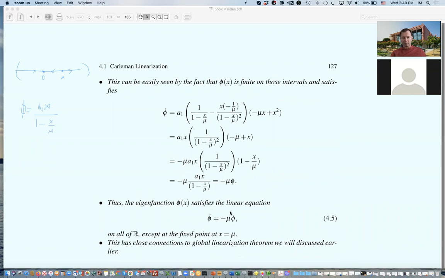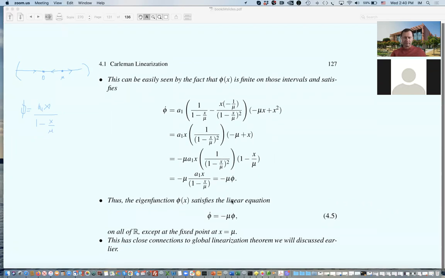And so there are a couple of things to notice here. First, we found a quote unquote global eigenfunction that, everywhere except at this fixed point, linearizes the dynamics. And this is despite the fact that we have more than one stationary state here. In the previous use of eigenfunctions, I restricted to a basin of attraction and discussed the stability.